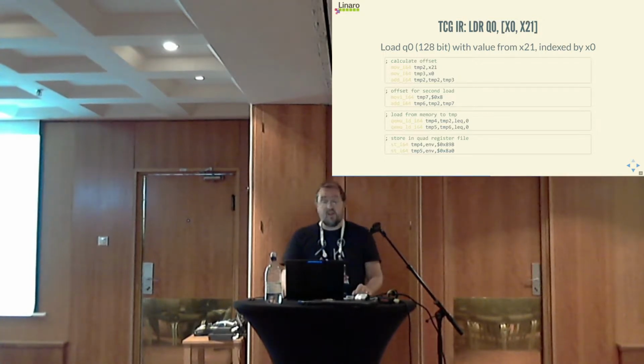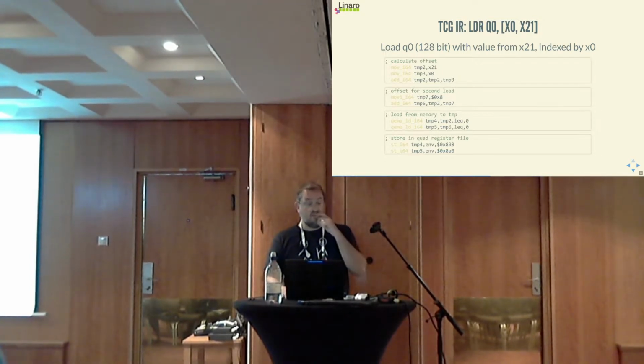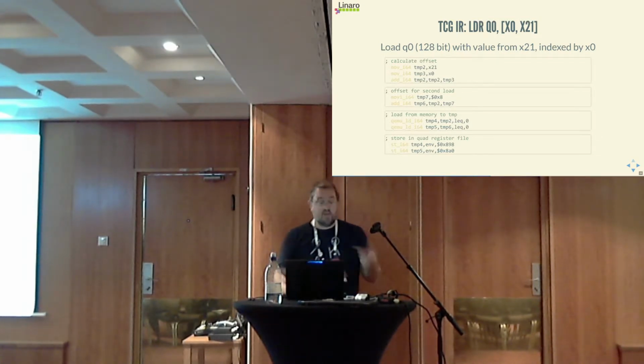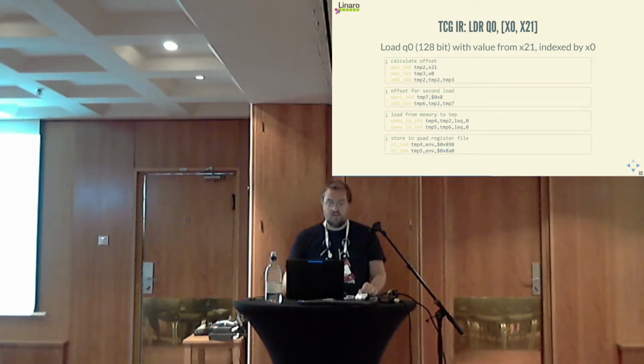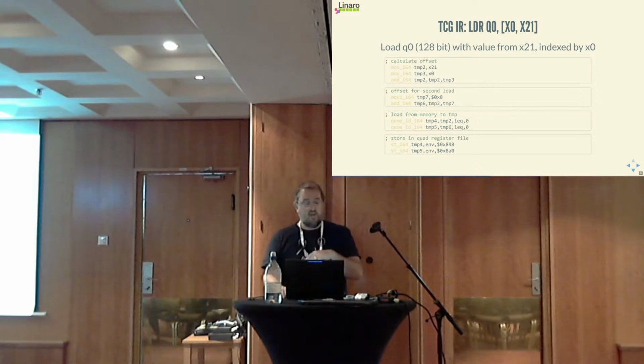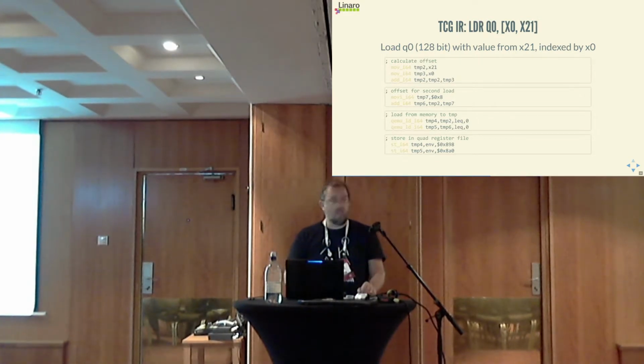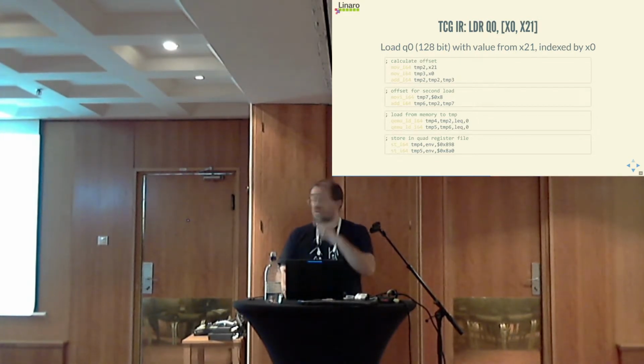First of all, we need to calculate the address of the load, and we do this by adding X21 to X0. The next step is to do the load from memory into one of our temporary registers. As you can see, we're actually doing two loads here, so it does mean we also need to calculate an offset for the second load to get the right place.